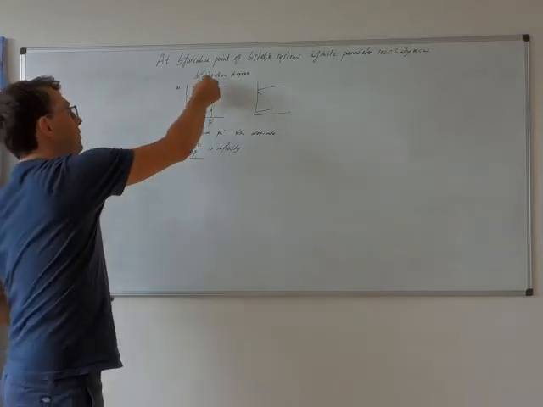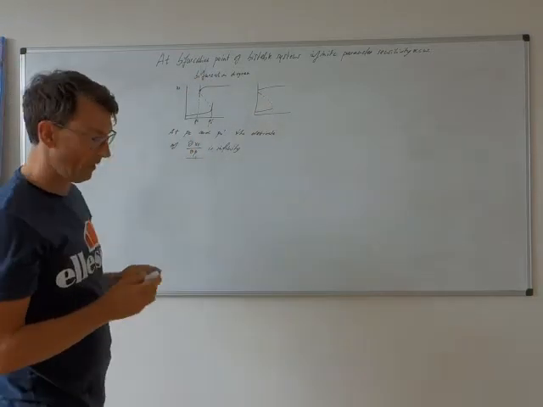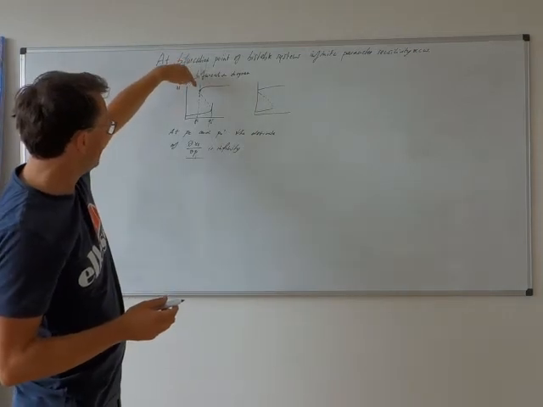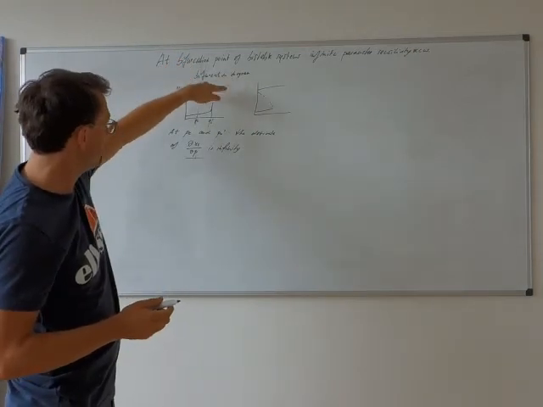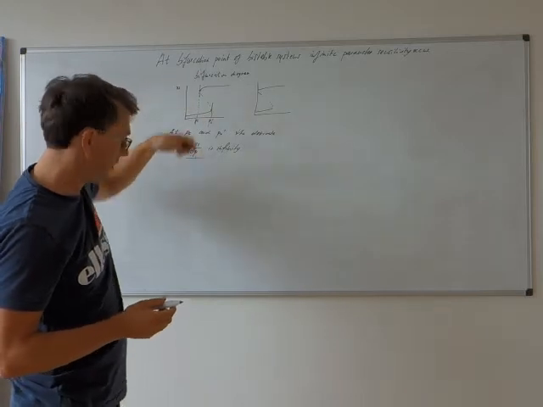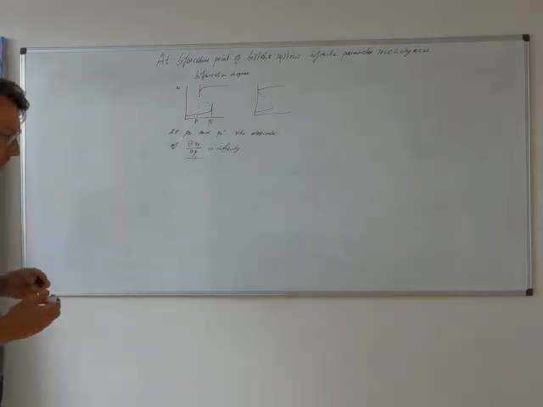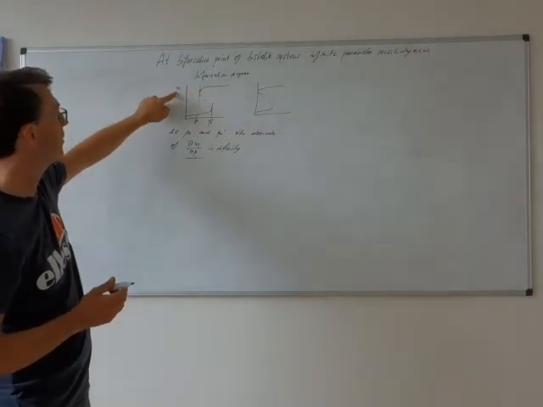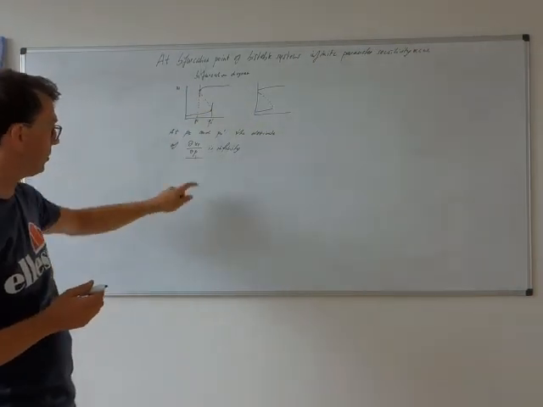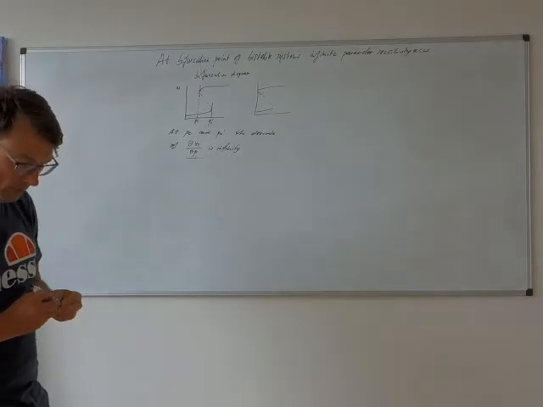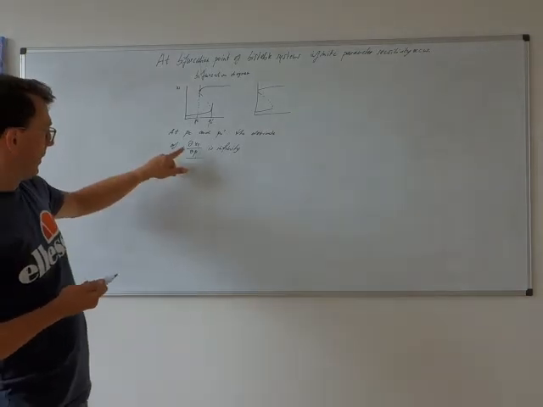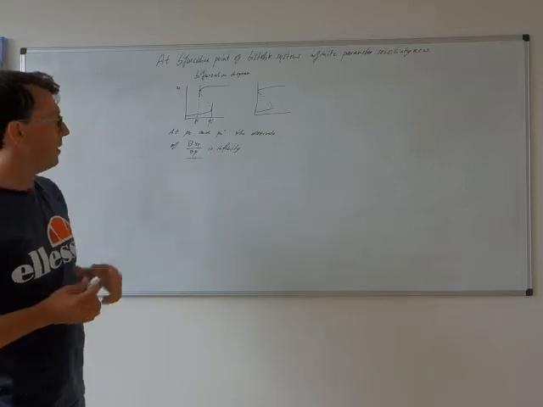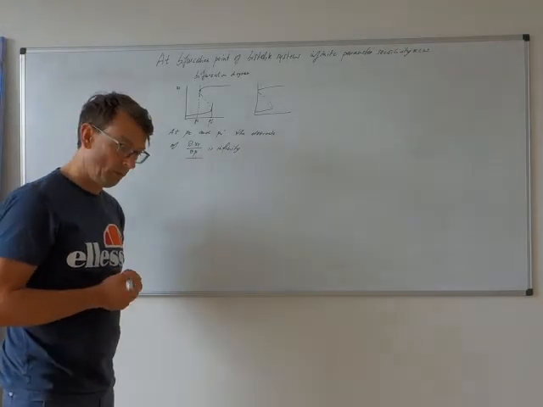Because the slope is infinite, right? In this case it's negative, in this case it's positive. If you go down, it's negative, go up, it's positive. Alright, so actually also if you go down it's positive, because X decreases and you also decrease the parameter. So in both cases the ratio of this value and that value is going to be positive, and it's going to be equal to infinity.